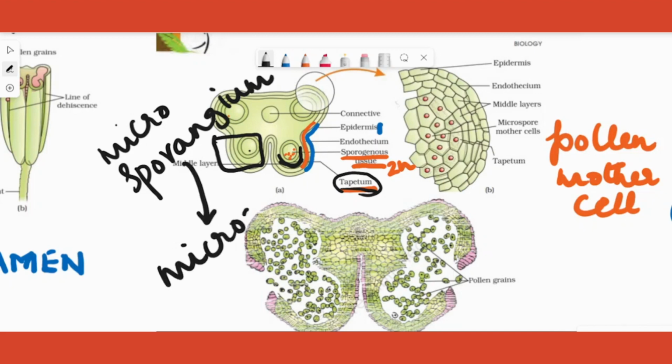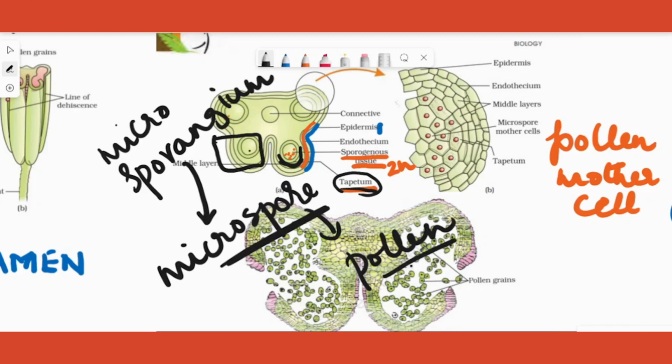I hope you understand what is microspore. Microspore is a structure which will form the pollen. Imagine some sort of cells in your mind. These are spores, tiny spore-like structures which mature to form pollen grain. So those are going to be made here, isn't it? That's why we call this part as microsporangium.